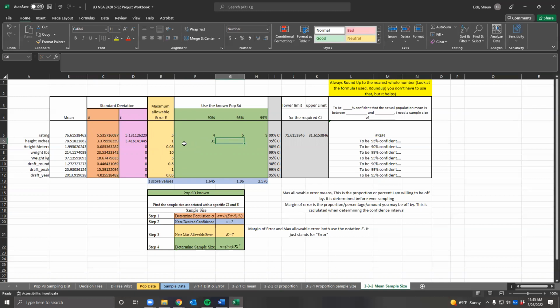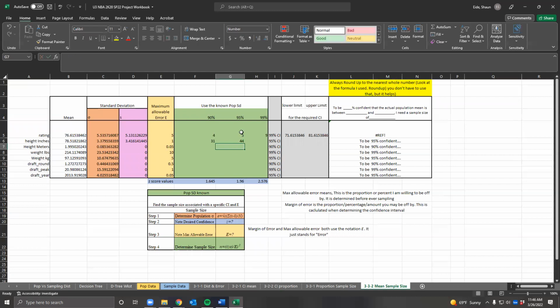Now we're going to do the sample size equals the z-score of 1.96 multiplied by the standard deviation, divided by the maximum allowable error, and then we square it.